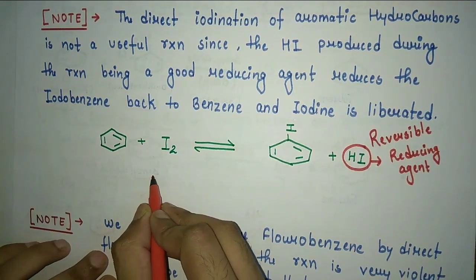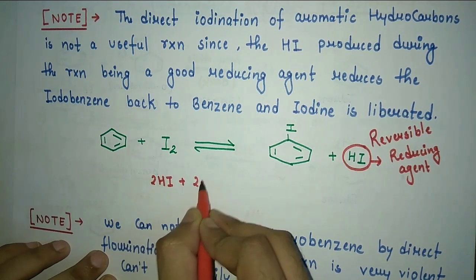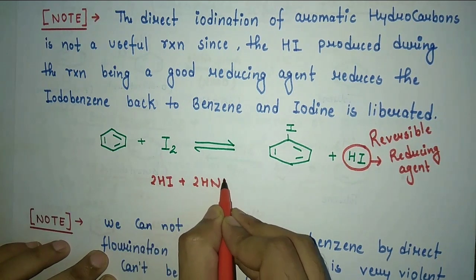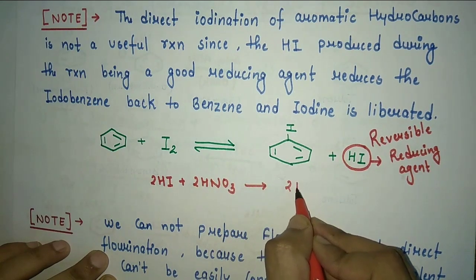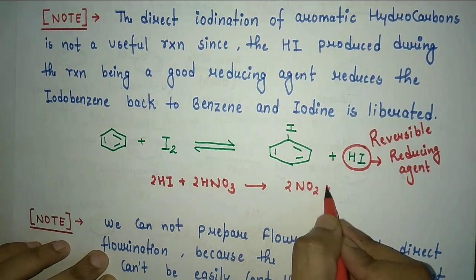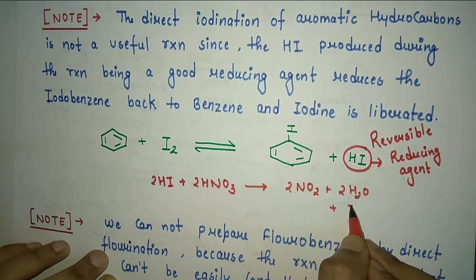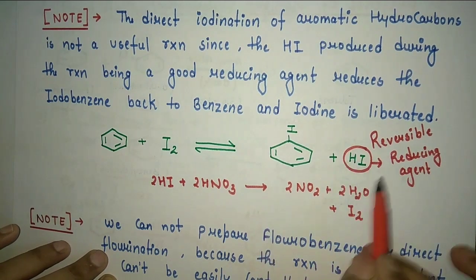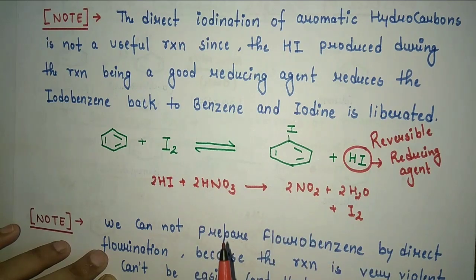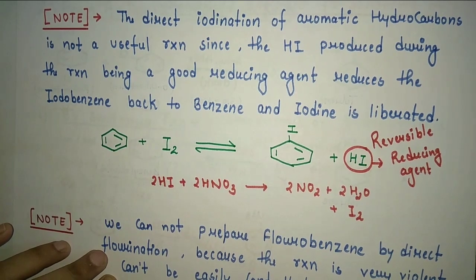So let's see what happens when it reacts with an oxidizing agent like nitric acid. It will form NO2 plus water, and I2 is released. So by destroying the reducing nature of HI with an oxidizing agent, we can easily make iodobenzene by the direct halogenation method.